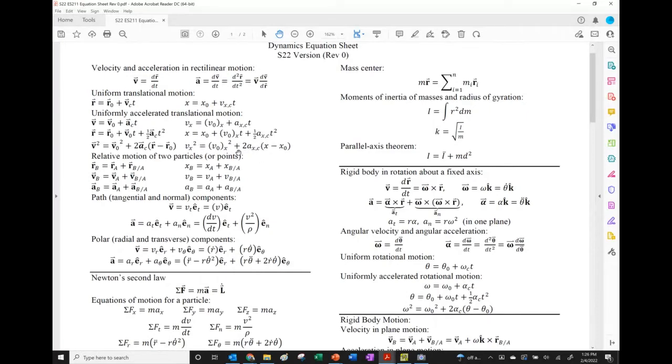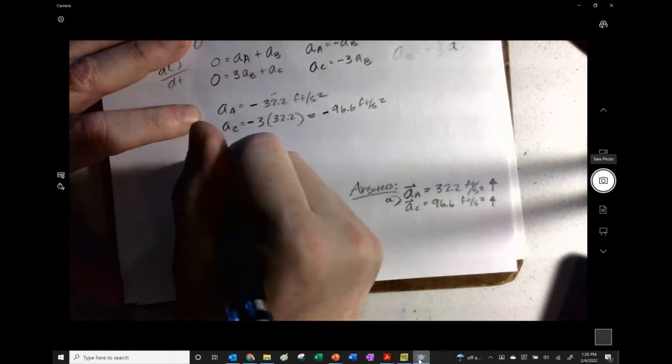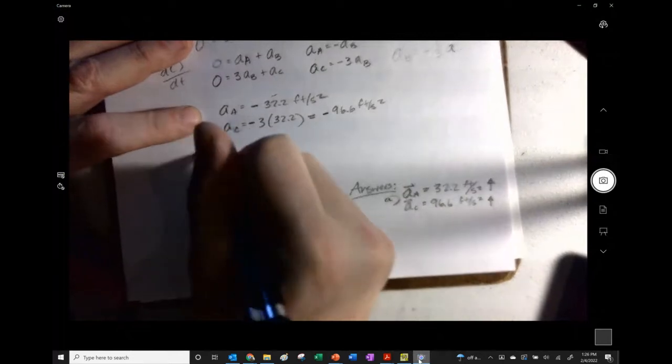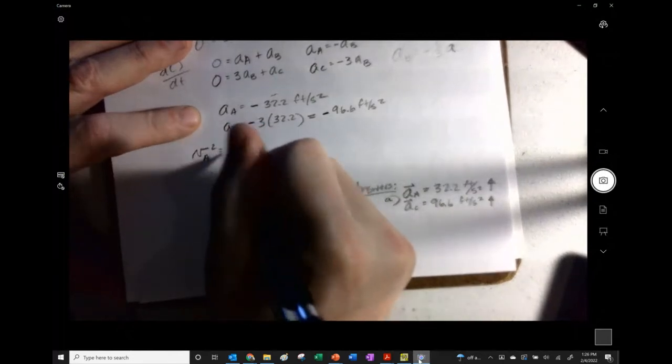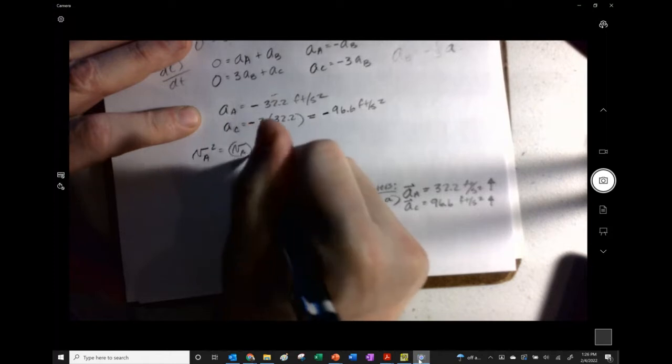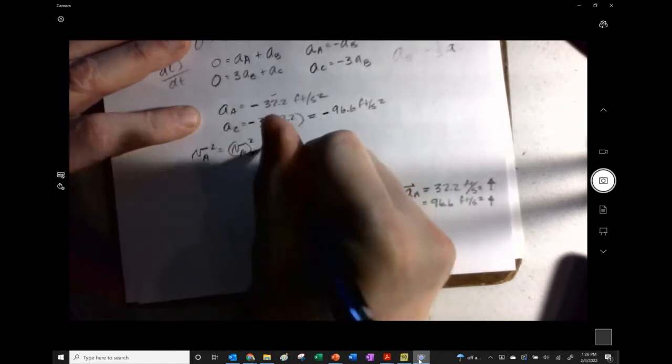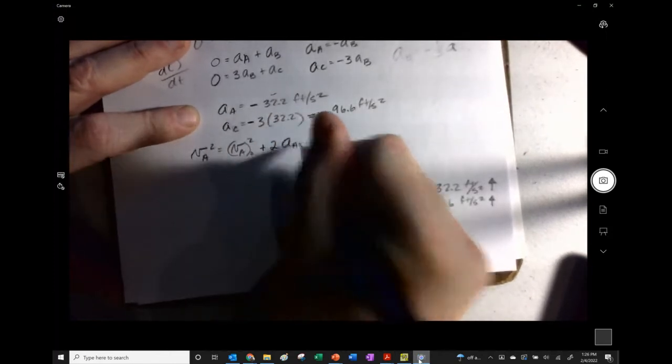We don't have to deal with time, is kind of the other way to think of it. So we go ahead and write the velocity of A squared is going to be the original velocity of A squared plus 2 times the acceleration of A times the change in Y here. I could have called it S if we wanted to.